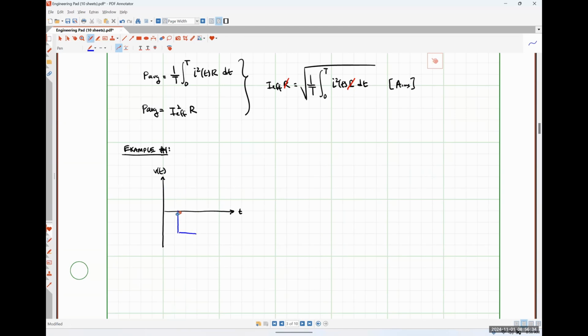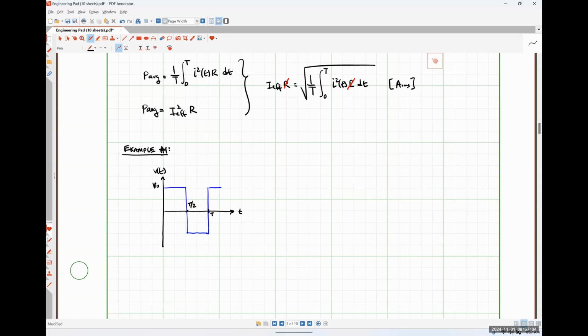Let me draw this a little bit better. I was thinking about adding in duty cycle, and then I decided not to because I don't want to upset you guys. So let's just say that we have a square wave repeating like this, where this point in time right here is the period. And so this point in time right here is half of the period.